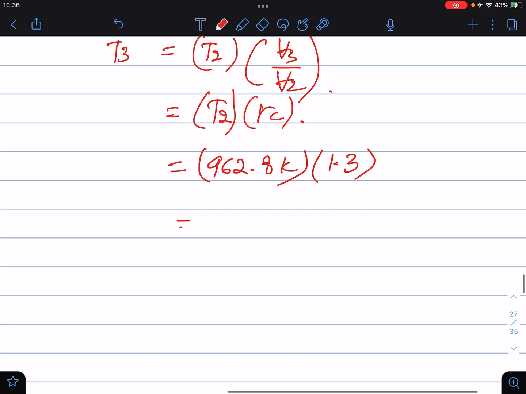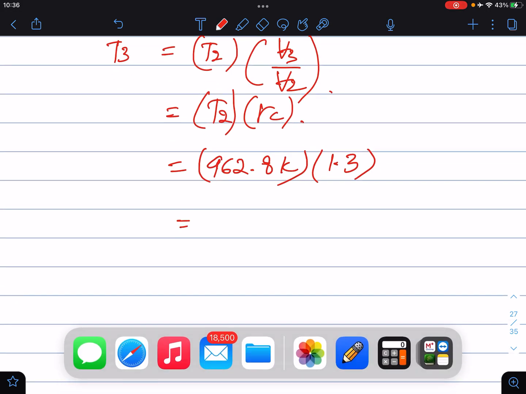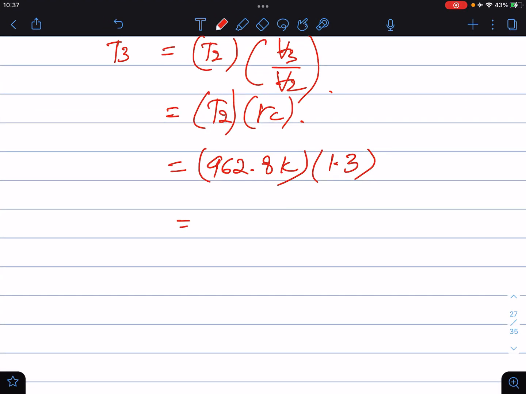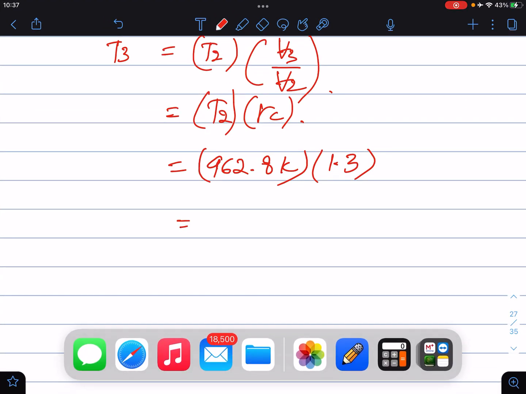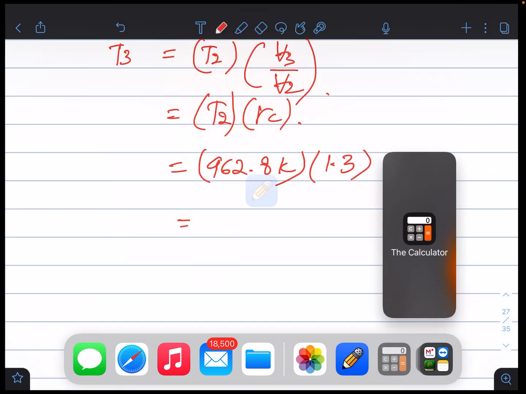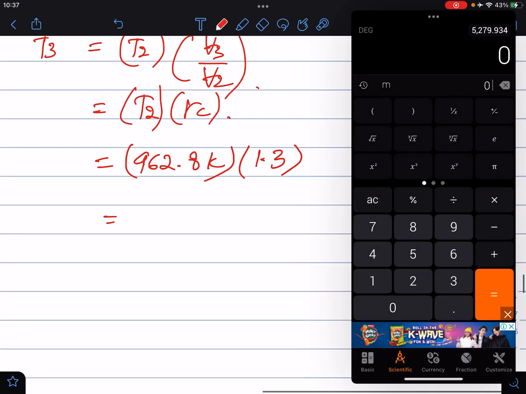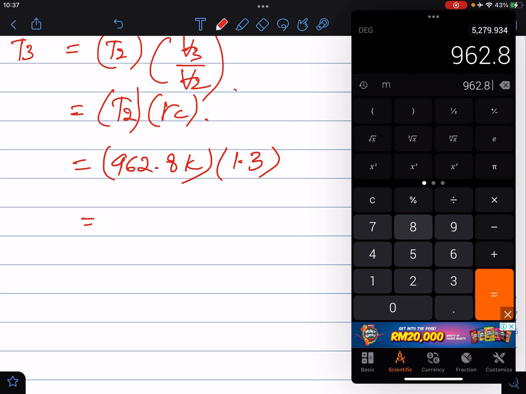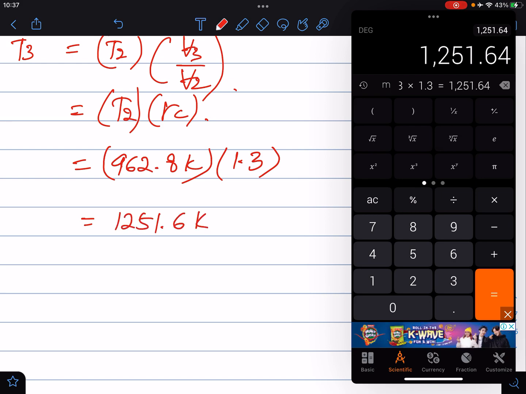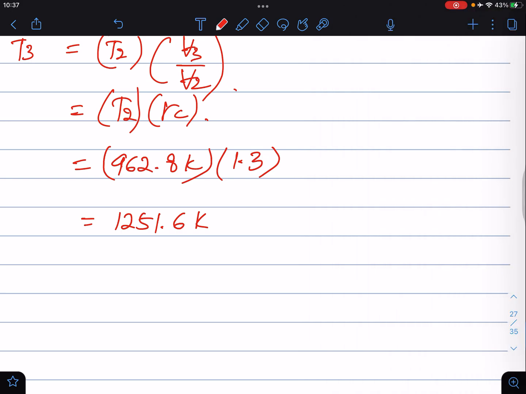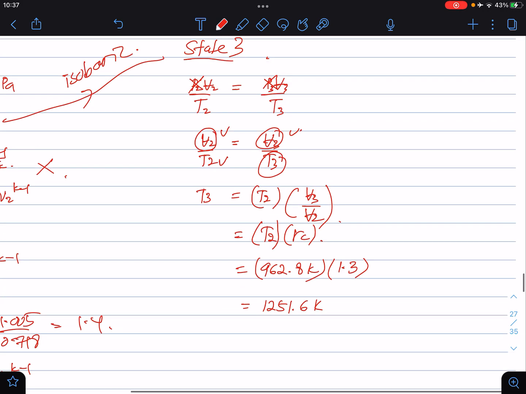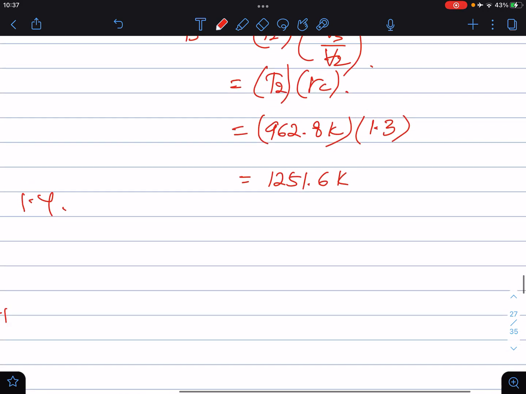So 962.8 times 1.3 gives 1251.6 Kelvin. This is the highest temperature when you deal with this kind of diesel cycle. So now how do we find the pressure at state 3?